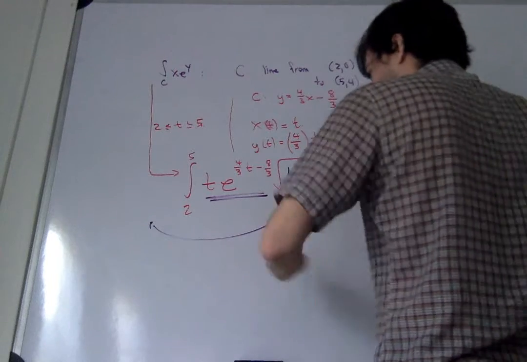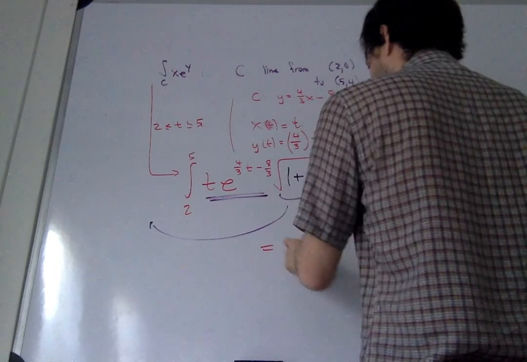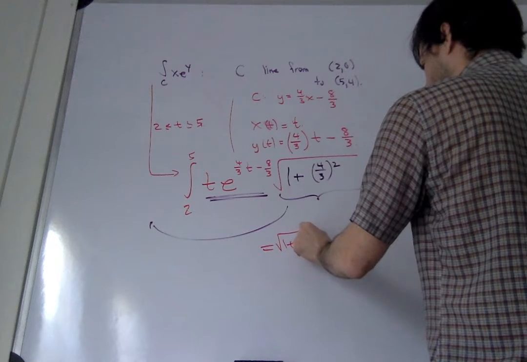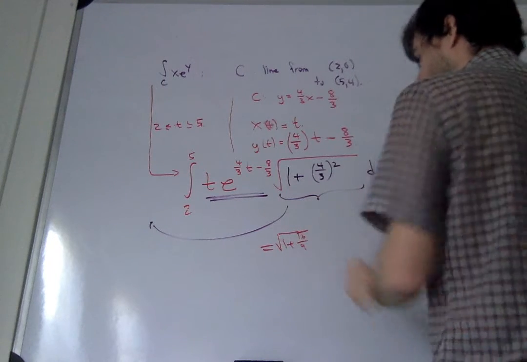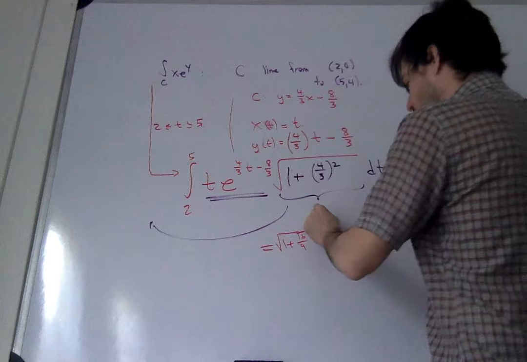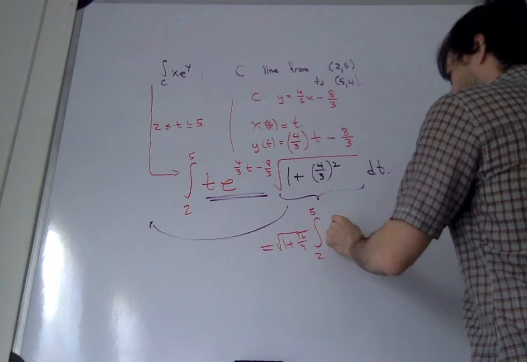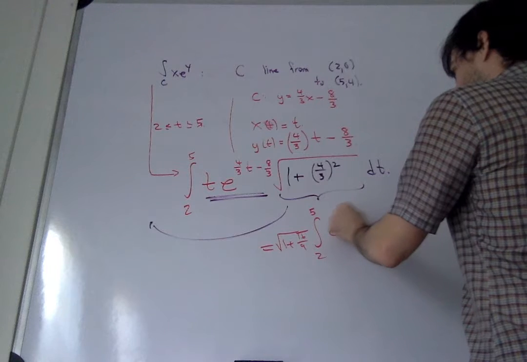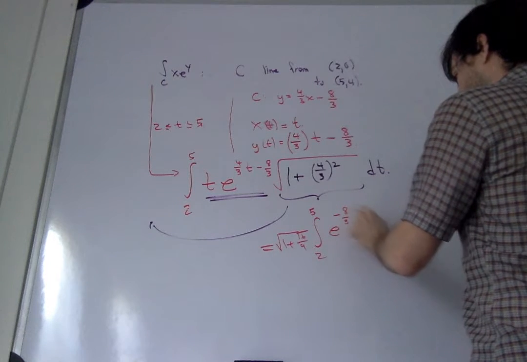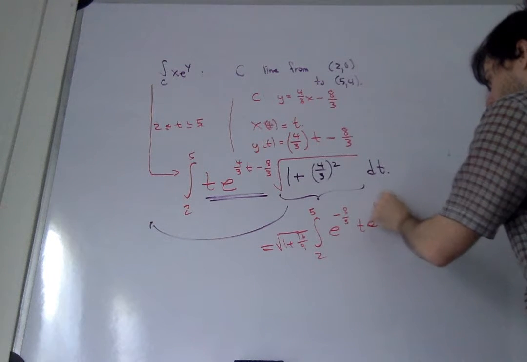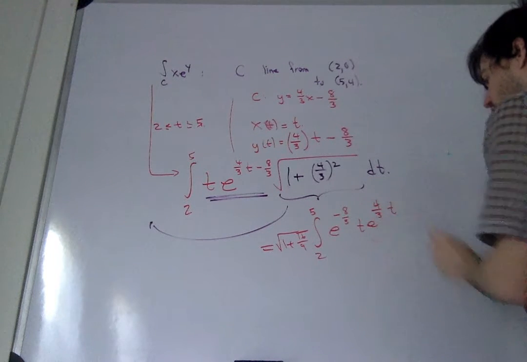So let me rewrite this. This is the integral of the square root of 1 plus 16/9 on the front, integral 2 to 5, e to the minus 8/3 times t e to the 4/3 t.